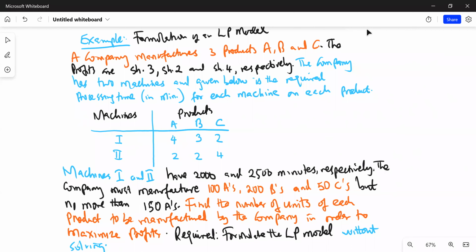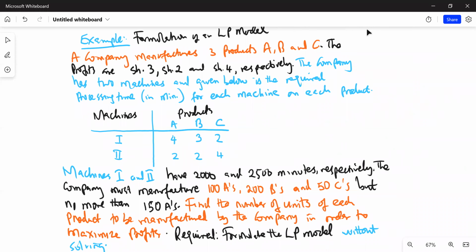You're given the following information. A company manufactures 3 products, A, B, and C. The profits are 3 shillings, 2 shillings, and 4 shillings respectively for the 3 products.